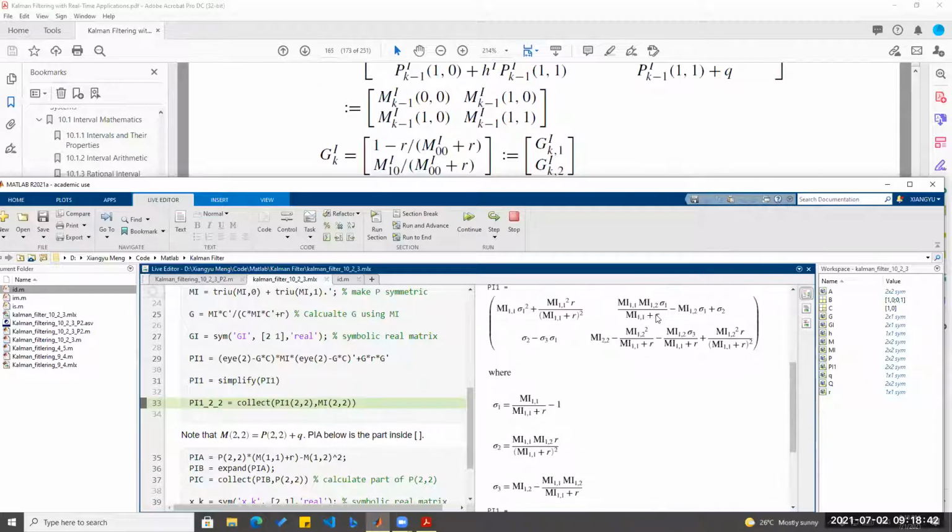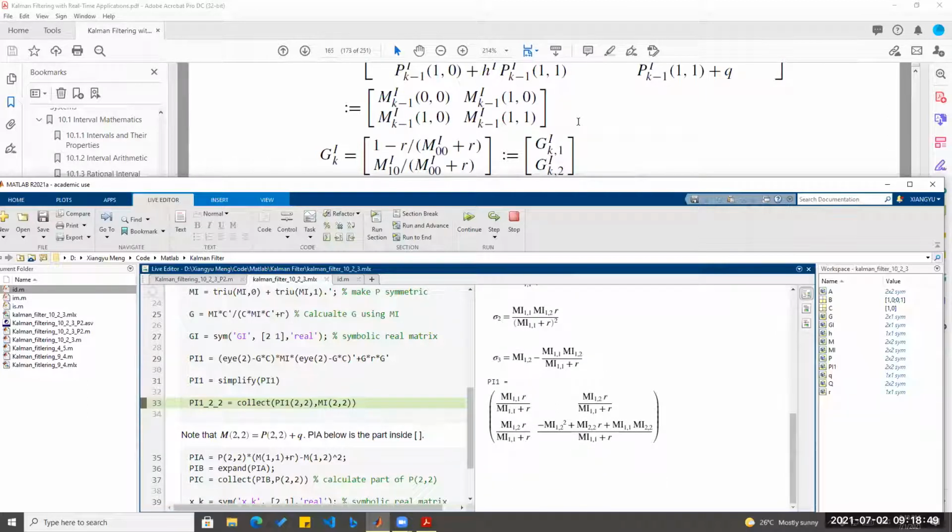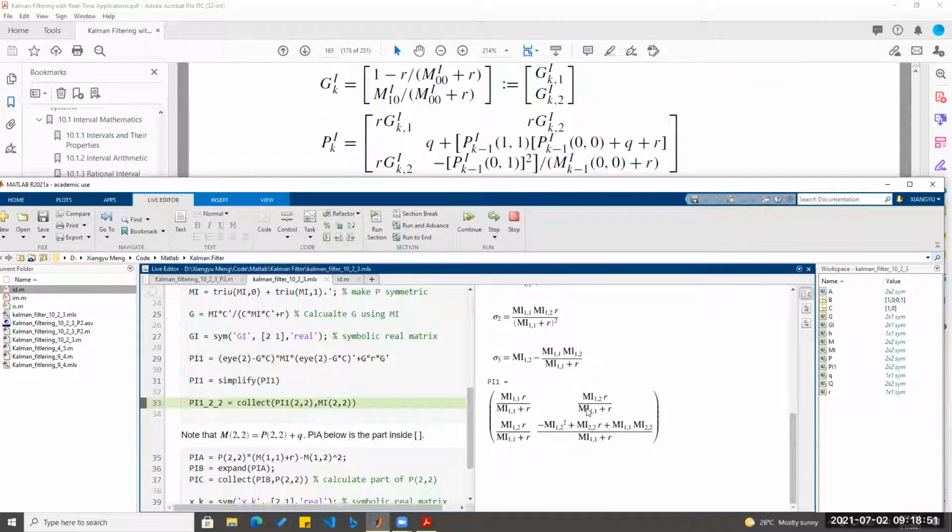Then G2 is M12 plus M11R, so here we have exactly R times G2. This one is a little bit complex. Let's do one more simplification. First, let's collect the terms according to M22.